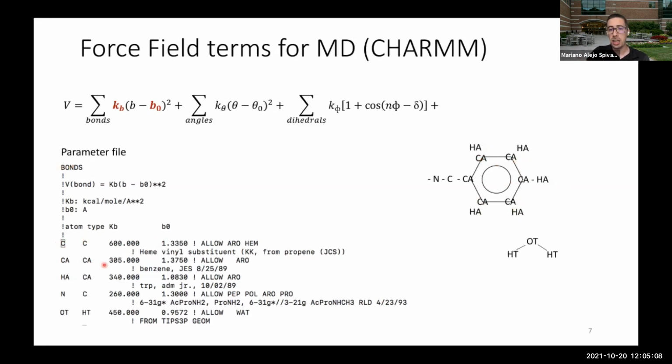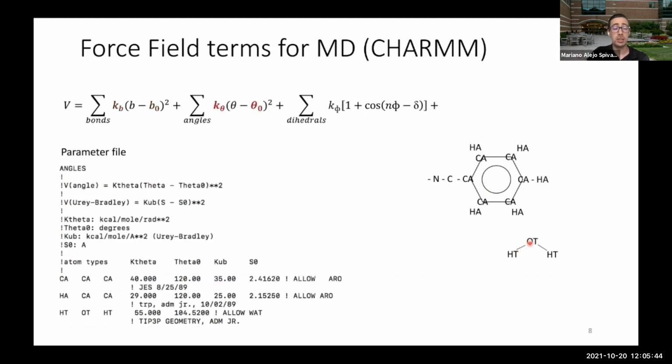For example, CA, in this case, means the aromatic carbon in the ring. So for each pair of atom types that are bonded, you need one line that has the atom types, the force constant of the bond, and the reference bond length, to build this term in the force field. For example, in the water, these are the atom types of the TIP3P water, and you will need one line for each different type of bond.